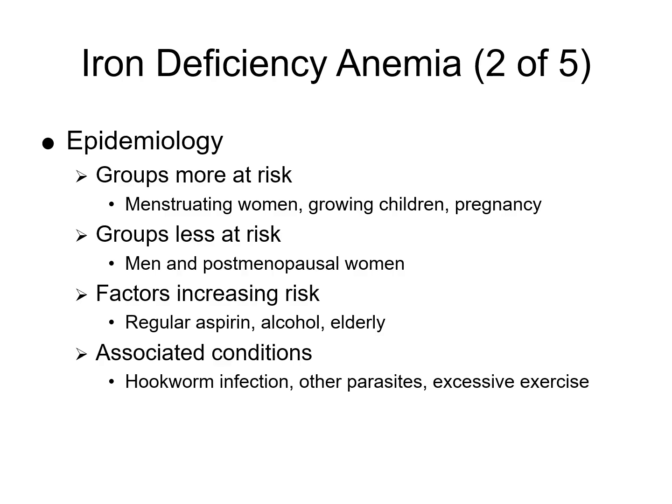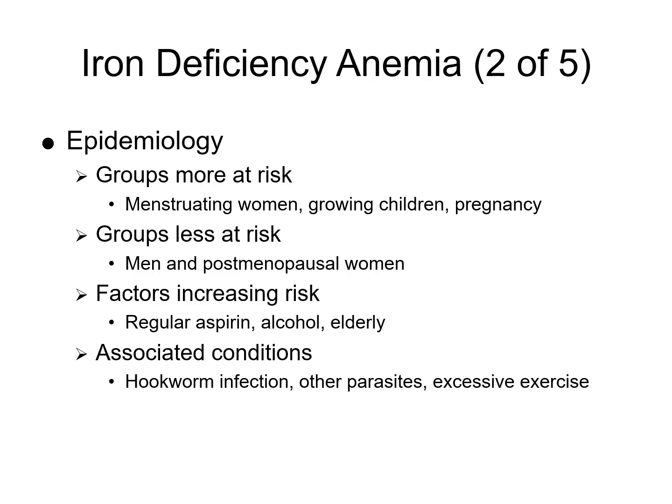Factors increasing risk of iron deficiency: regular aspirin use can cause gastrointestinal irritation or bleeding. Alcohol consumption may impair iron absorption and contribute to mucosal damage. Elderly individuals are more likely to have chronic blood loss or malabsorption.